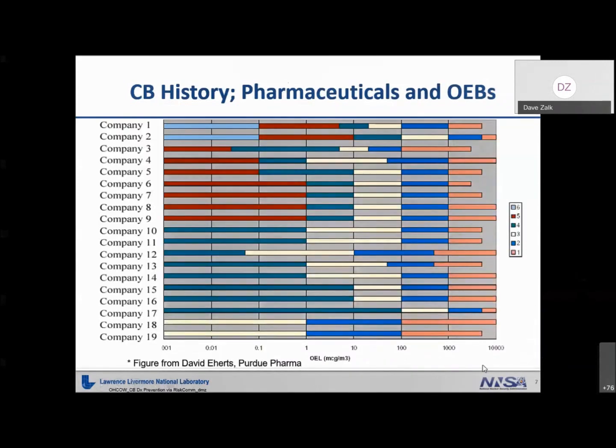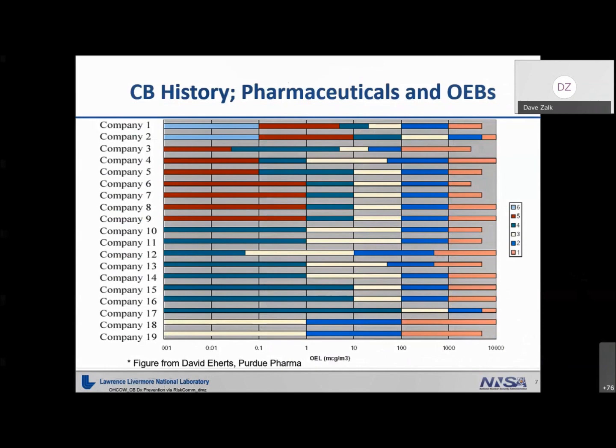Now, with pharmaceuticals, what you're noticing here is that there are 19 different companies, and this is from Dave Ayerts from Purdue Pharma, an excellent visual of 19 different companies and their control bands that they use. Well, first off, you should notice there's anywhere from 3 to 6 bands, and you can also see by the colors that they don't line up.